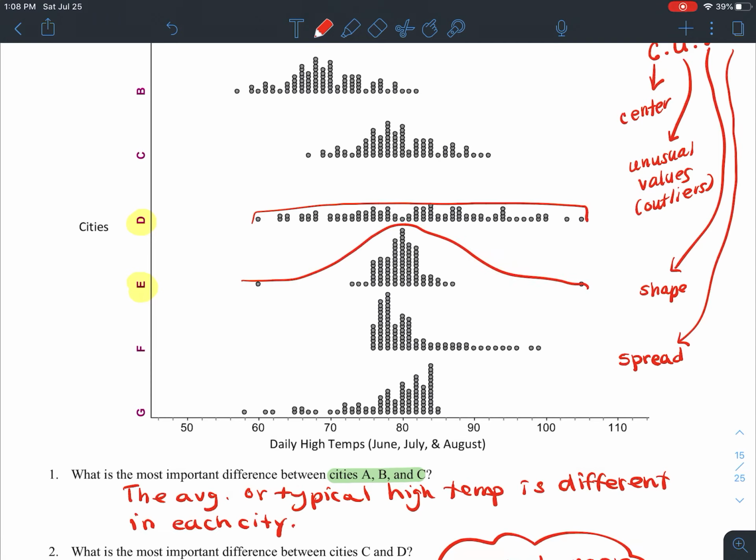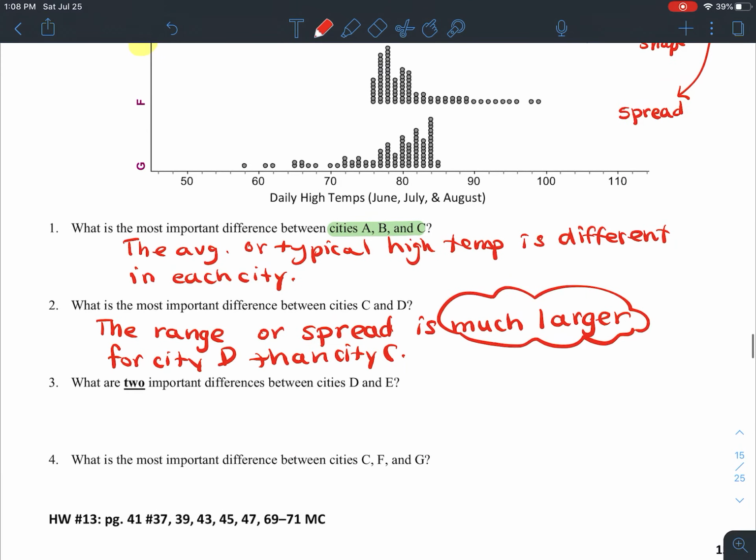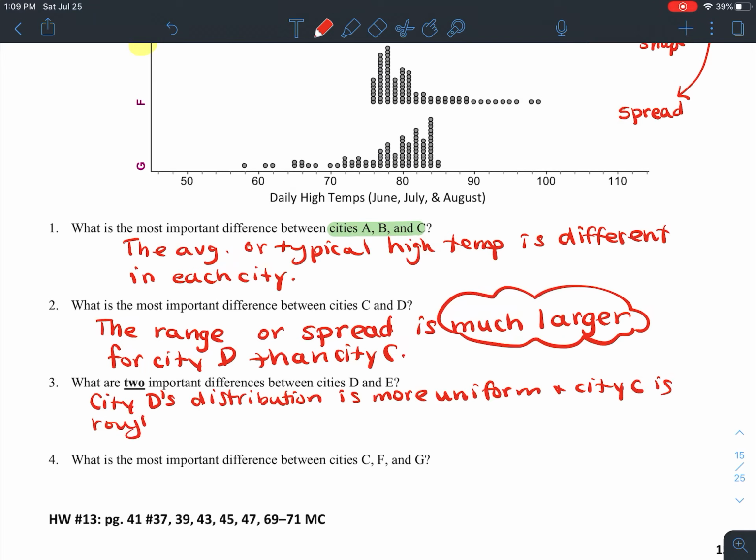Whereas in C, I would maybe refer to that as being roughly symmetric. Okay, so I might describe that as one important difference. I'm going to say city D's distribution is more uniform, and city C is roughly symmetric.